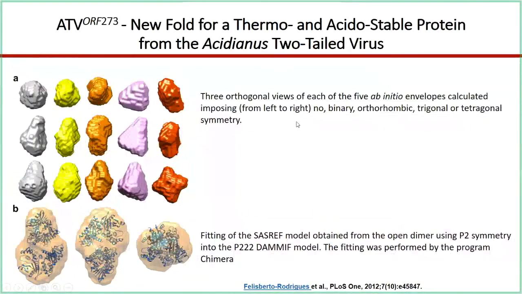They used a variety of symmetry operators even for SASREF, and they found that the best fit is this P22 DAMMIF model into which the SASREF refined high-resolution structure fit in. It's a very nice way of combining MALS, SAXS, crystallography, and various modeling approaches available in SAXS to find the structural preference, at least in vitro, for this protein.